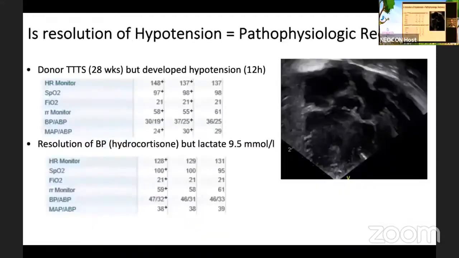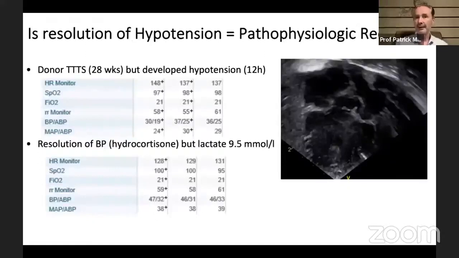Now, we've recognized that blood pressure may not necessarily predict a low cardiac output state, but does recovery of low blood pressure, can we translate that to mean that the patient's problem has recovered? This was a 28-week infant who developed hypotension, blood pressure of 30/19, was treated with hydrocortisone, which made the blood pressure increase, but the lactate continued to rise.